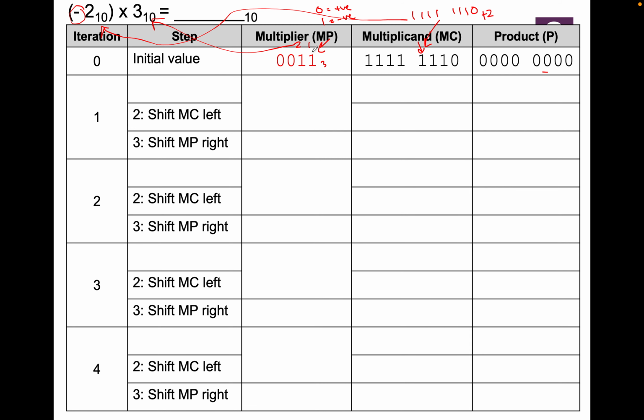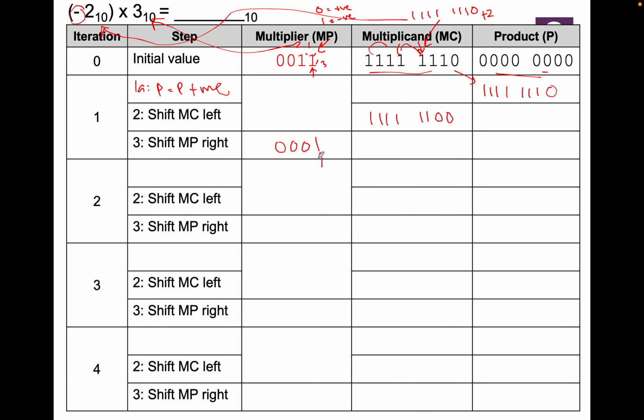First, what you need to check is the 0 bit of the multiplier. So you have 1, so that's why you will have 1A, which is P equals P plus MC. This P plus this MC. So you will get this answer. After that, shift left everything. You will get 1, 1, 1, 1, 1, 1, 0, 0. Shift right this one, 0, 0, 0, 1.